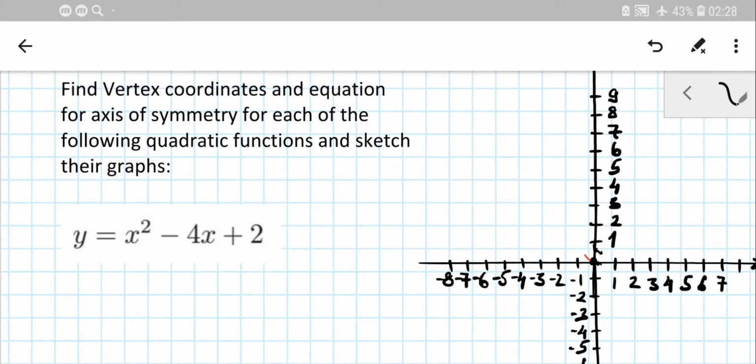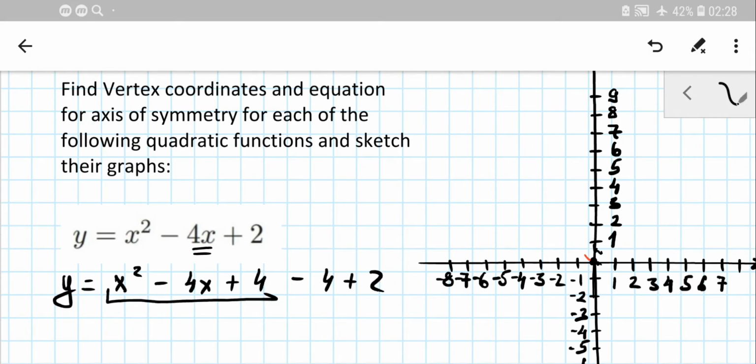All right, so what we have is x squared minus 4x plus 2. I'll just use the formula, because I see clearly that I get x squared minus 4x, and if I add 4 and subtract 4, I'll get the complete square immediately.